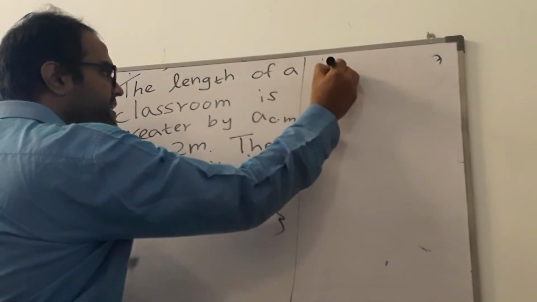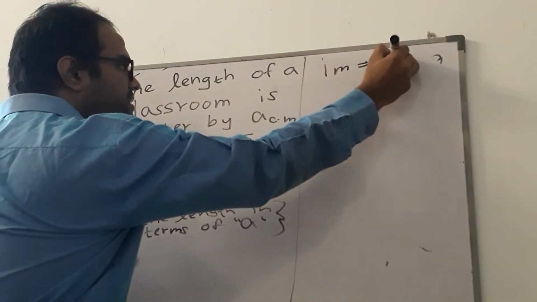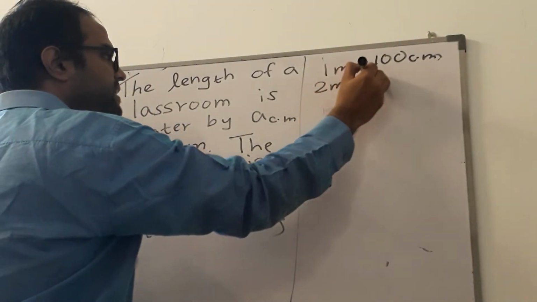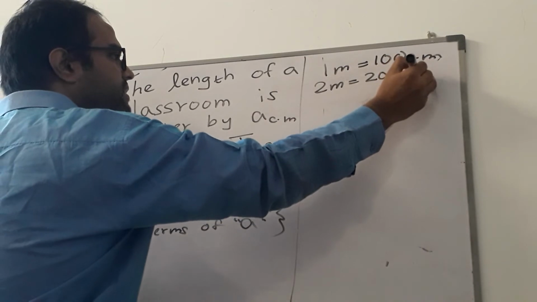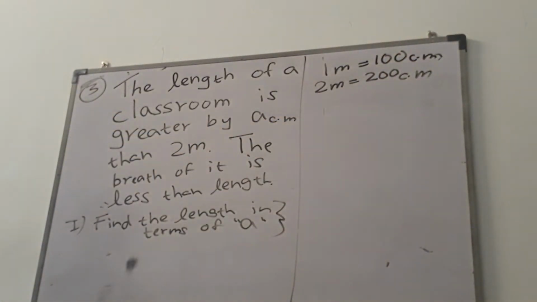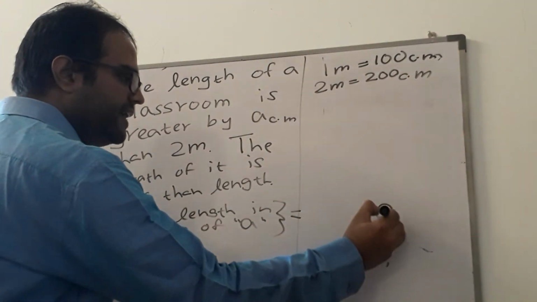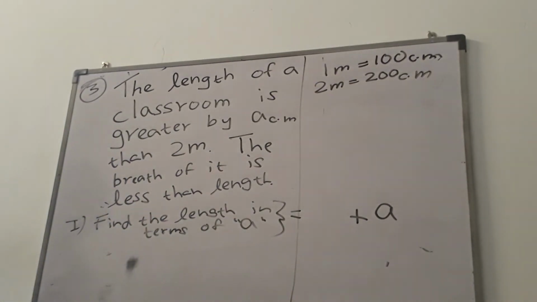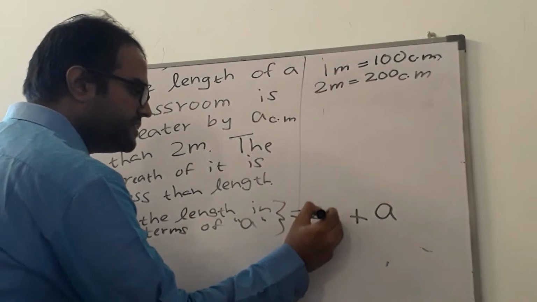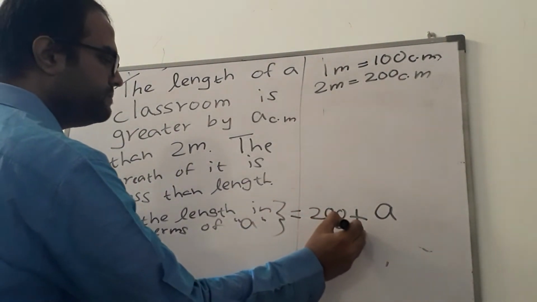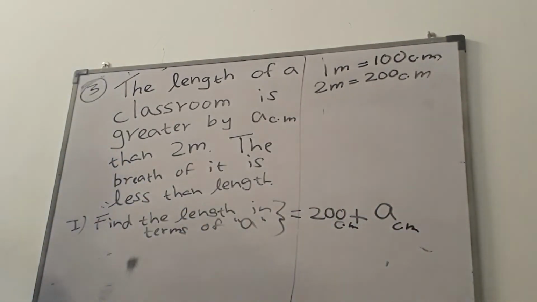We know 1 meter is equal to 100 centimeters, so 2 meters means 200 centimeters. So the length is greater by A than 2 meters means we have to add A centimeters to 200 centimeters. So this is the answer for the length.